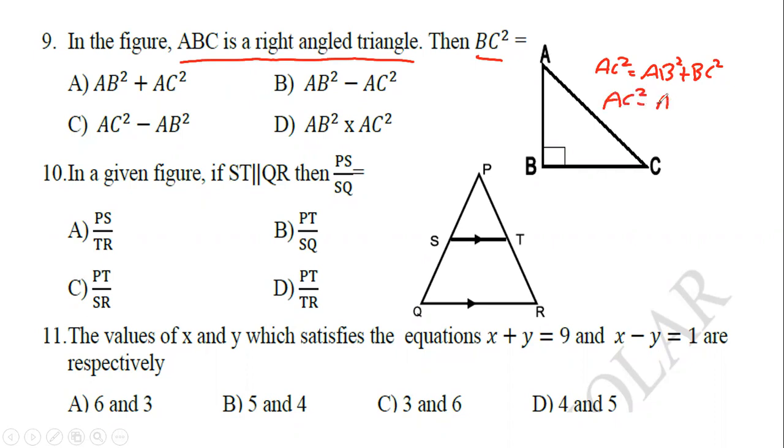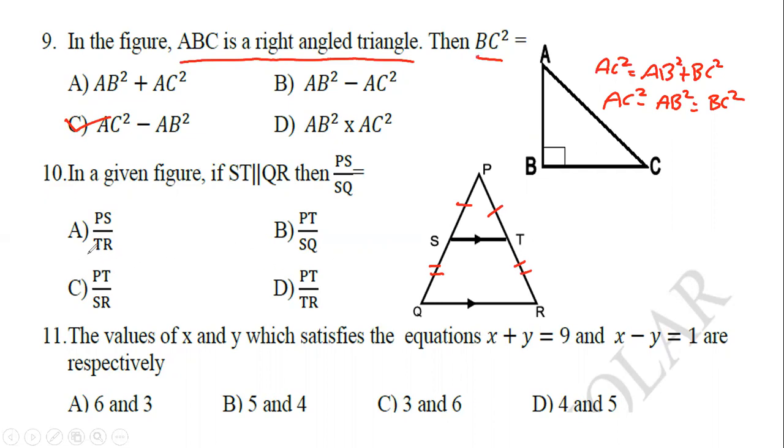AC square minus AB square is equals to BC square. So which option is right? Where is AC square minus AB square? Option C is correct.